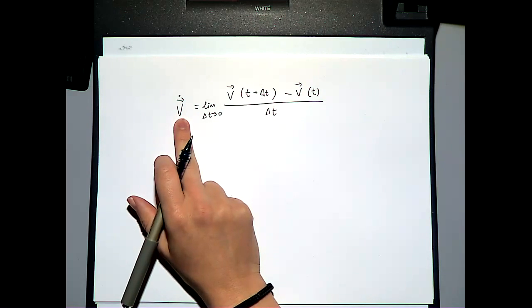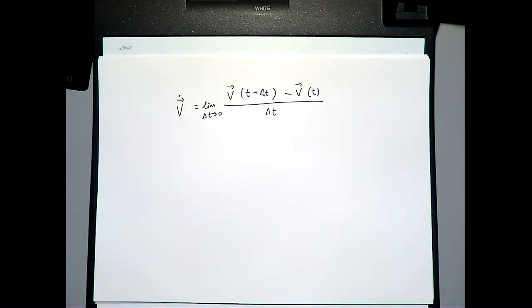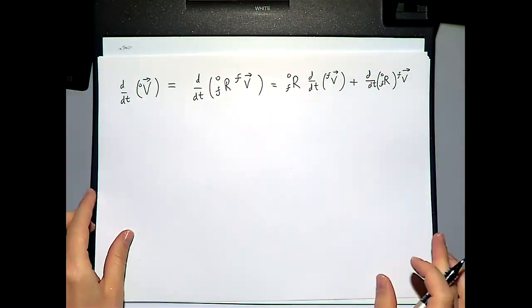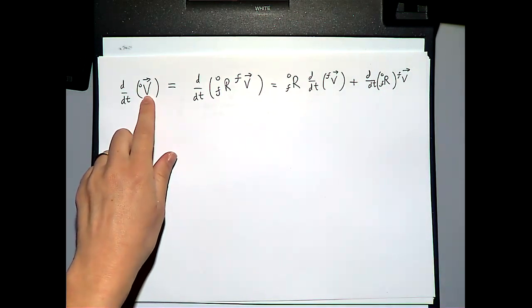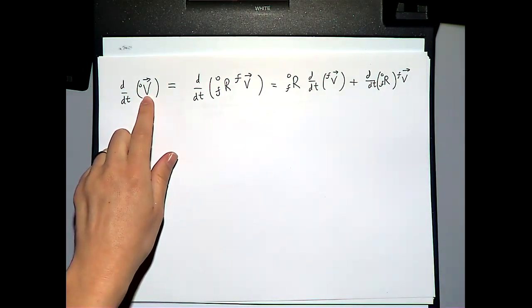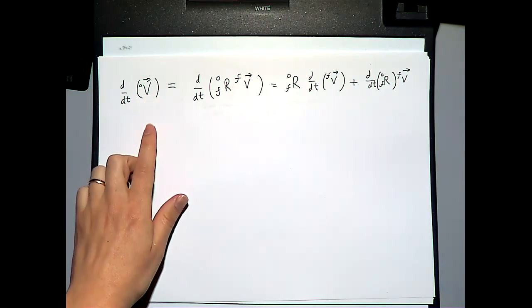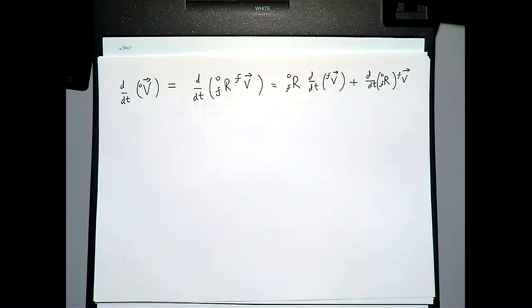I showed you how taking the component by component derivative is not going to work, because it doesn't take into consideration the hidden change in time of the rotation matrix inside that v in f. So instead of representing v in 0, doing the derivative in 0 where it works, and bringing it back to frame f, we are going to do a straightforward formula for how to do it in frame f straight away.